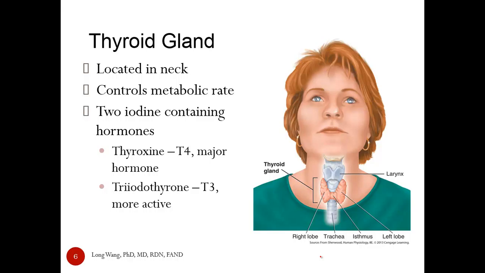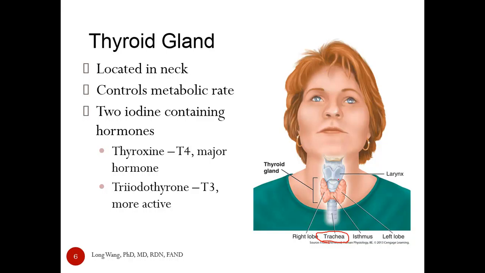Thyroid gland is relatively superficial if we think about the anatomical position. As the figure indicates, it's in the center of our neck. This is the trachea, the major airway. So it's literally in front of the trachea, and it's below the larynx.